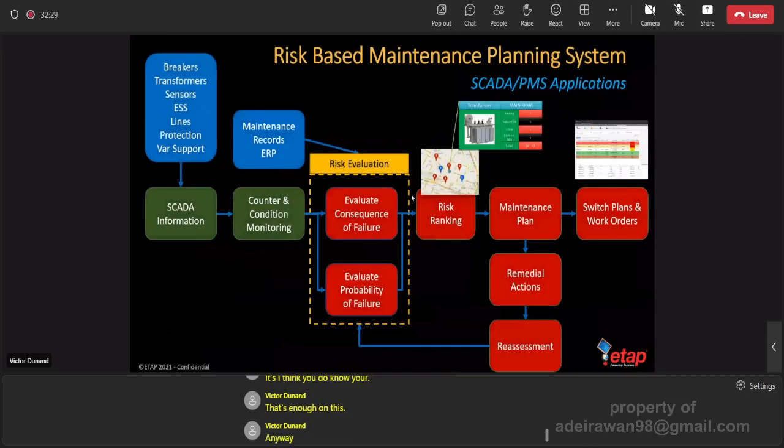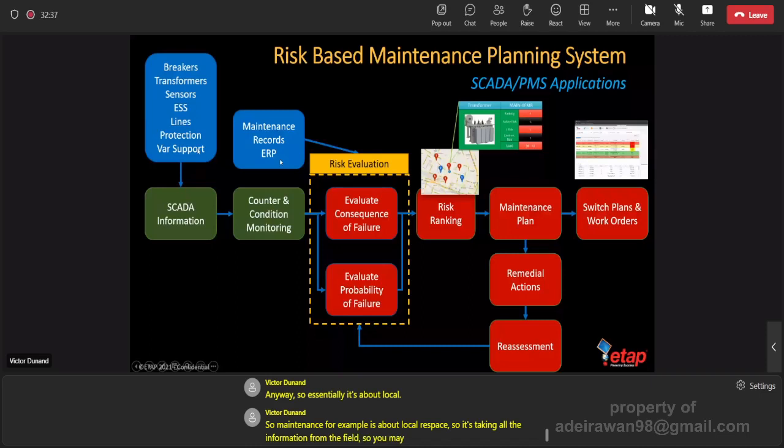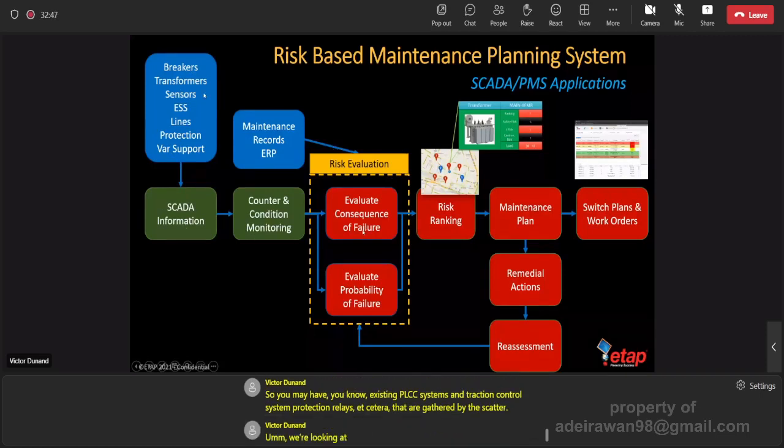Yeah. So essentially, maintenance, for example, is about what we call risk based. So it's taking all the information from the field. You may have existing PLC systems and traction control system, protection relays, etc., that are gathered by the SCADA. We're looking at maintenance reports from the ERP.